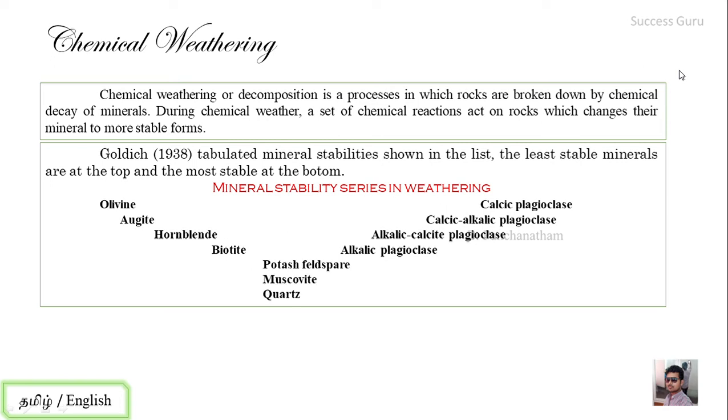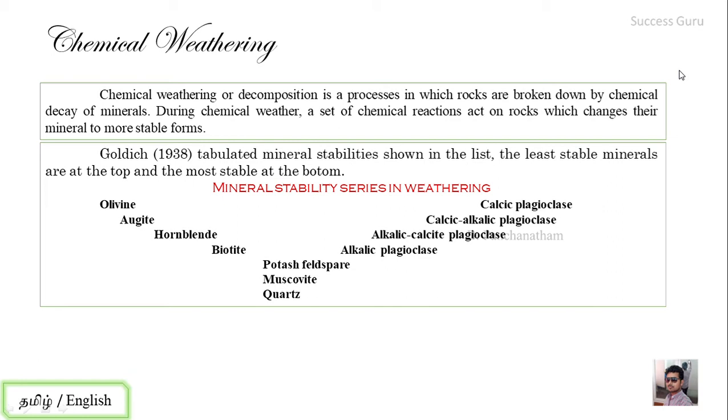Olivine and calcic plagioclase are on the top, the least stable according to chemical weathering, whereas quartz is the bottommost and the most stable. That is why we see lots of quartz in residual deposits like laterite. This shows that quartz is resistant to chemical weathering.